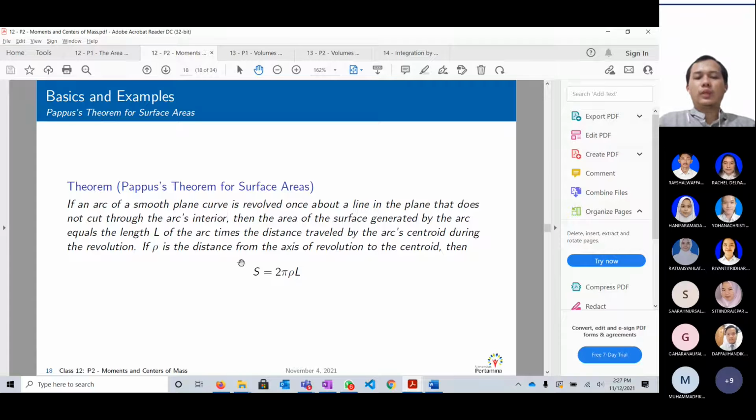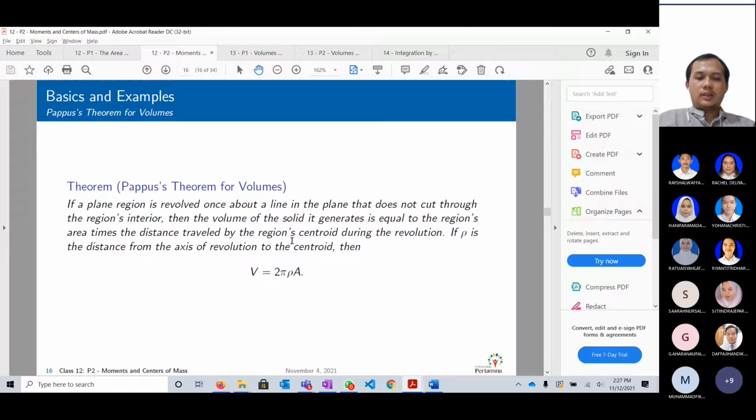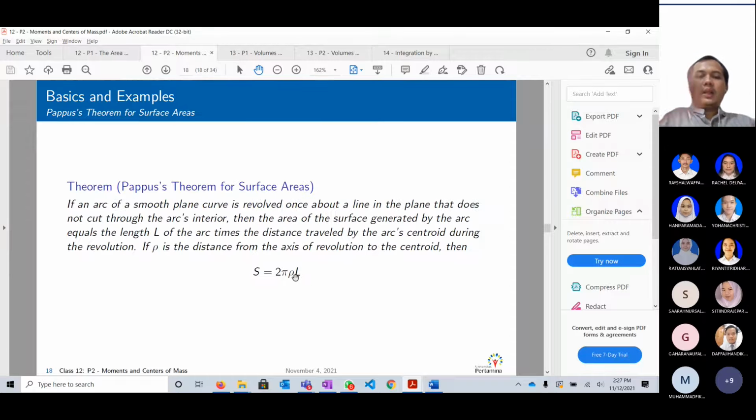Then the formula of the surface area is 2 pi times rho times L. Rho is the same, but L now is just the arc. For volume we used the area A, but here L is only the perimeter.